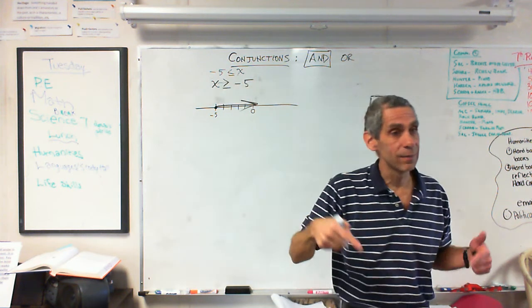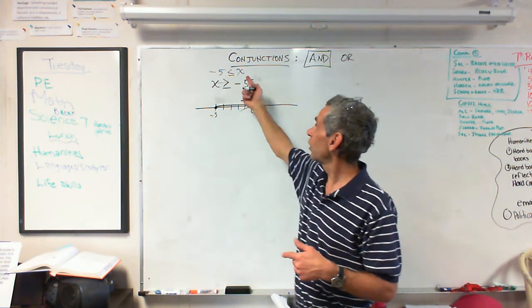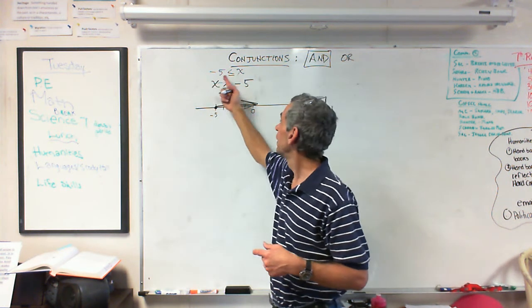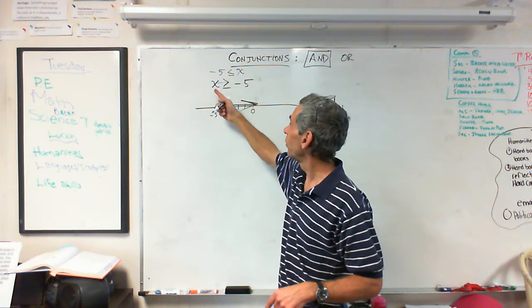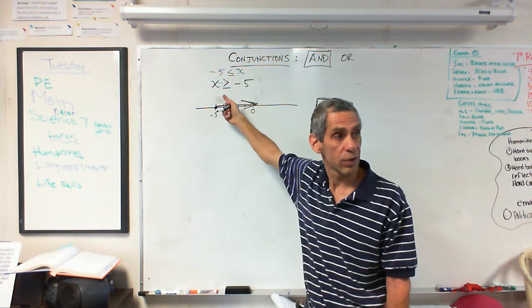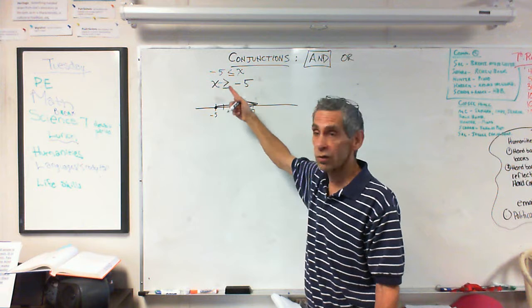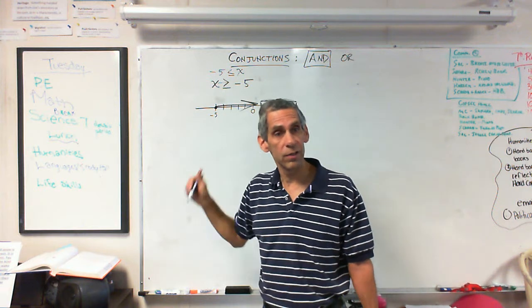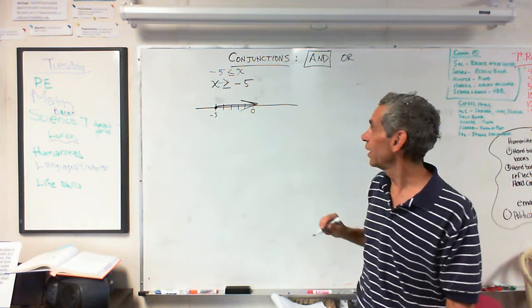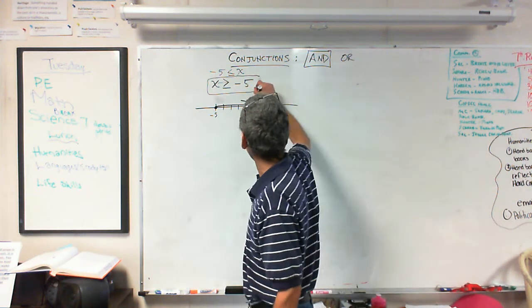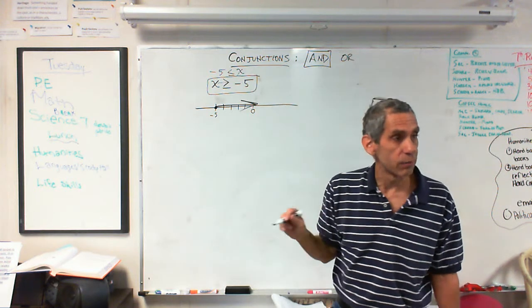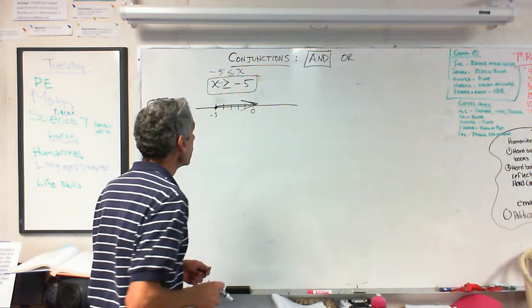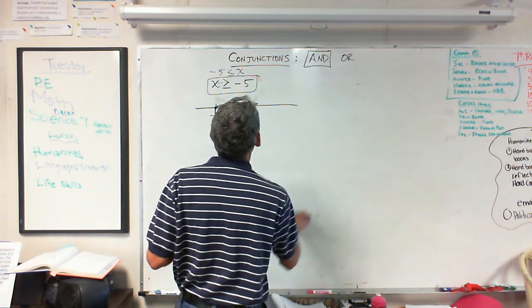Those say exactly the same thing. But if you wrote it with -5 first, it's not going to show you the correct direction of the arrow. As long as you have your x or your variable first, then it will always show you the direction to put your arrow. See what I'm saying? So that's pretty straightforward, right?